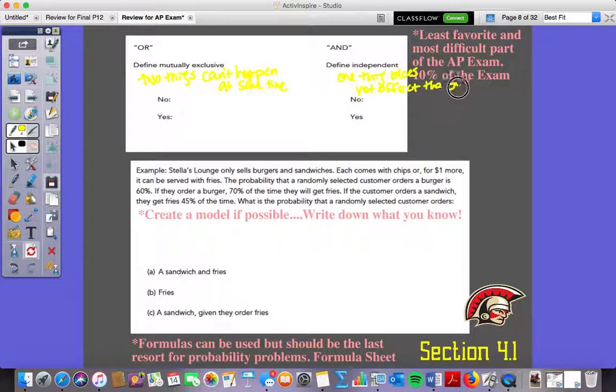If something is dependent, think about the jelly beans, or I think we did the M&Ms, where if I selected one red M&M, I said, what's the probability of selecting another one? That is a dependent event, right? However, because it passes the 10%, it doesn't matter. We can proceed with our 4-step process.